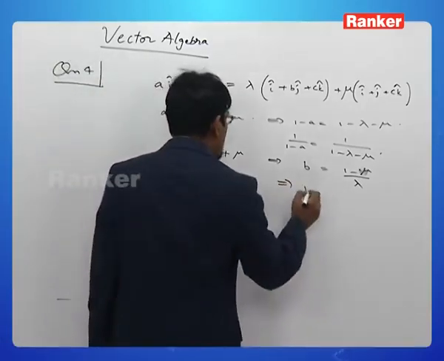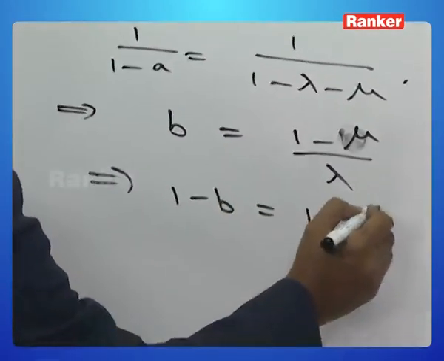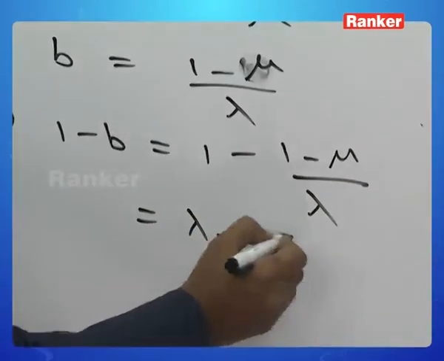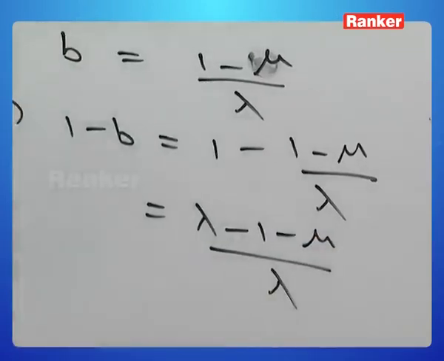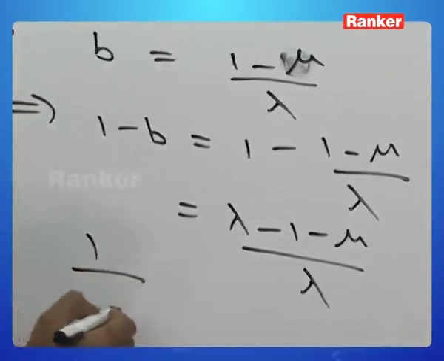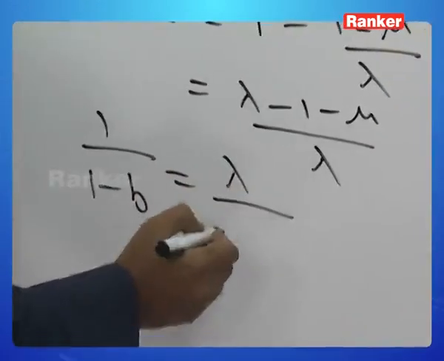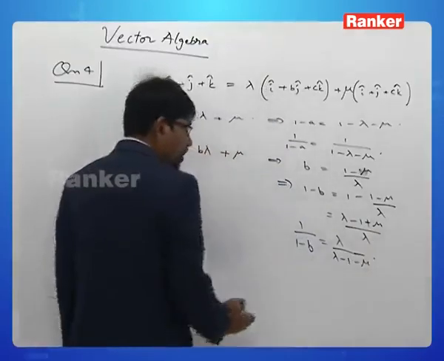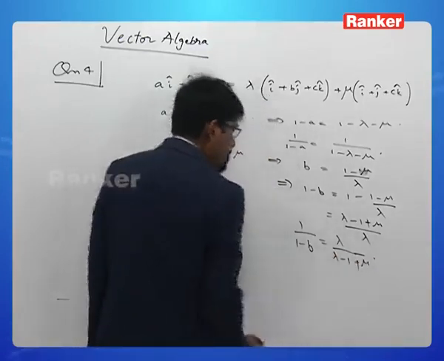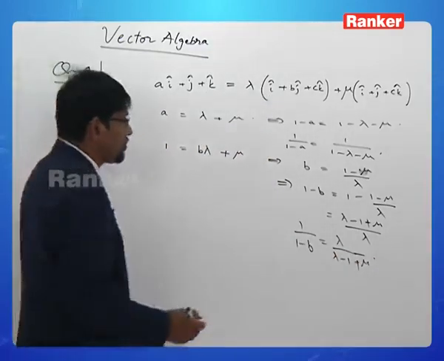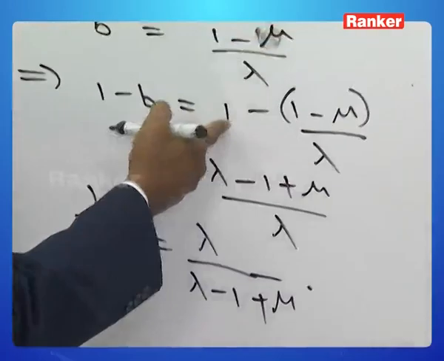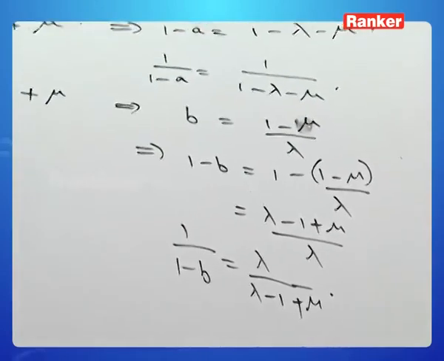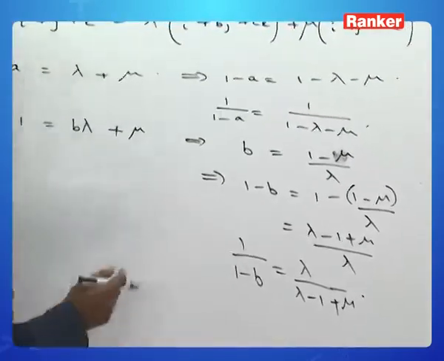So which gives me 1 minus b to be equal to 1 minus of 1 minus mu by lambda. So that gives me lambda minus 1 minus mu by lambda. So 1 by 1 minus b will be lambda by lambda plus mu minus 1, because there is a bracket here. So lambda minus of 1 minus mu, so that makes it lambda plus mu minus 1 there, right. So 1 by 1 minus b will be this.